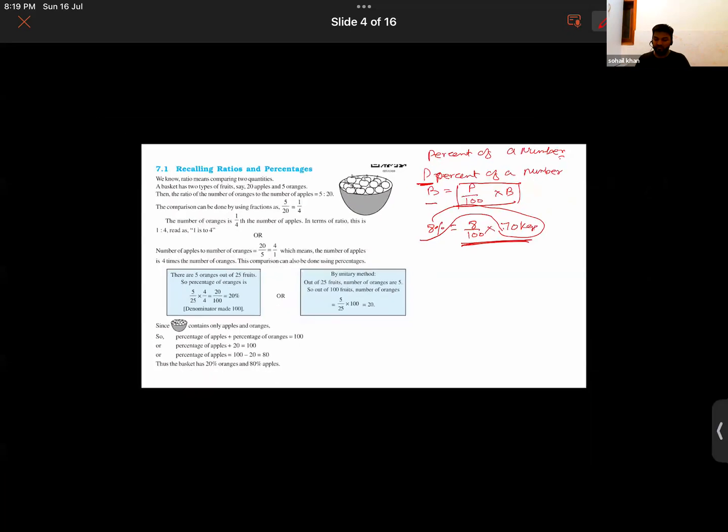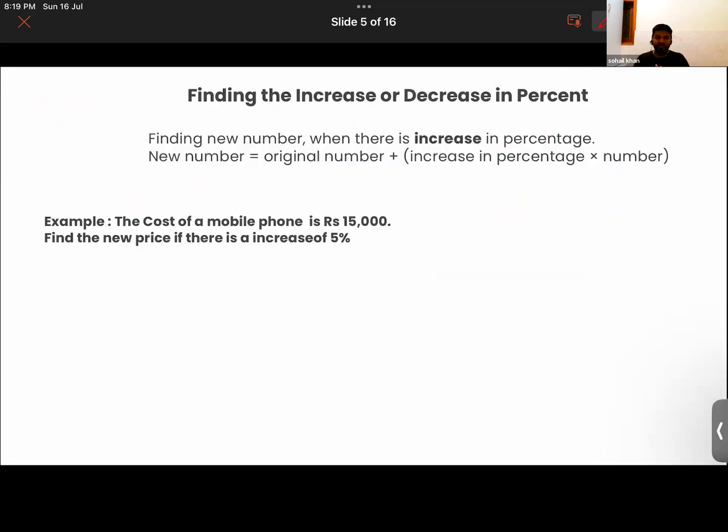Now, moving on, let's talk about increase or decrease in percent. When the percent is increasing, how are we required to find the new number, and when the percentage is decreasing, how do we find it? For example, the cost of a mobile phone is 15,000, but its price increased by 5%.